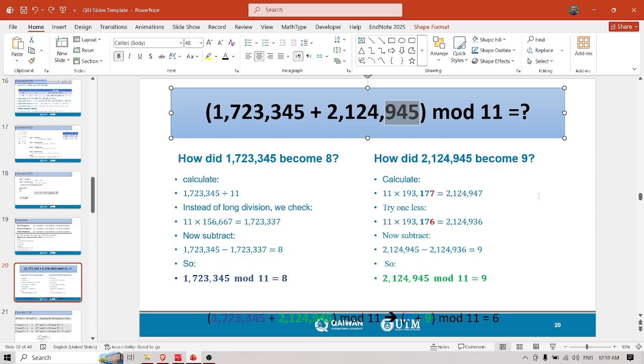So it is two more than the actual number. So we will try one less, 11 multiplied by this number. So now we got the smaller number, 936, and now 945. So now we got something. Now we will subtract this number from the actual number, and we will get 9.